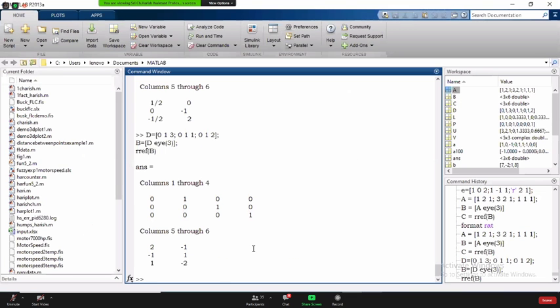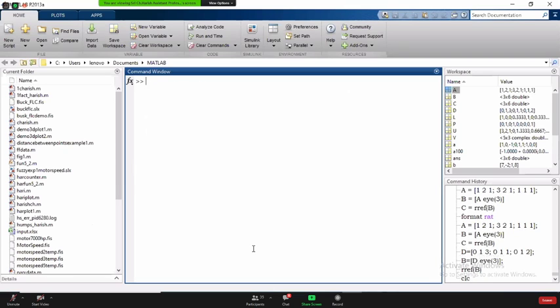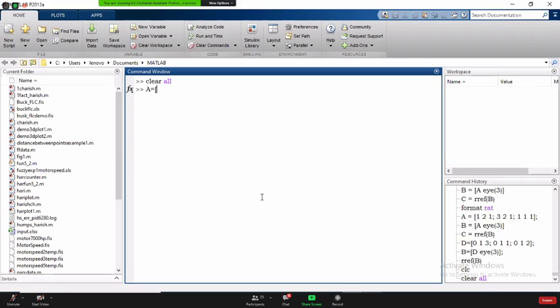Okay. I'll clear this one. Clear all. Now let me have A equal to 1, 2, 3 semicolon 4, 5, 6 semicolon 7, 8, 9. Okay, this is one matrix. I don't want to display this one.